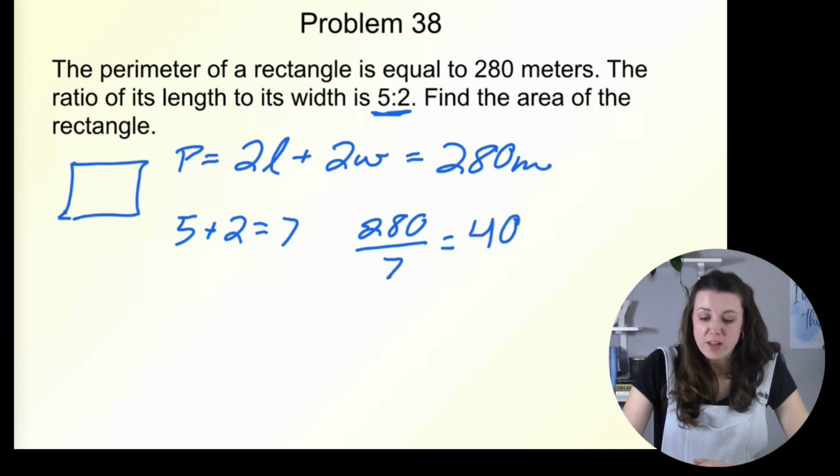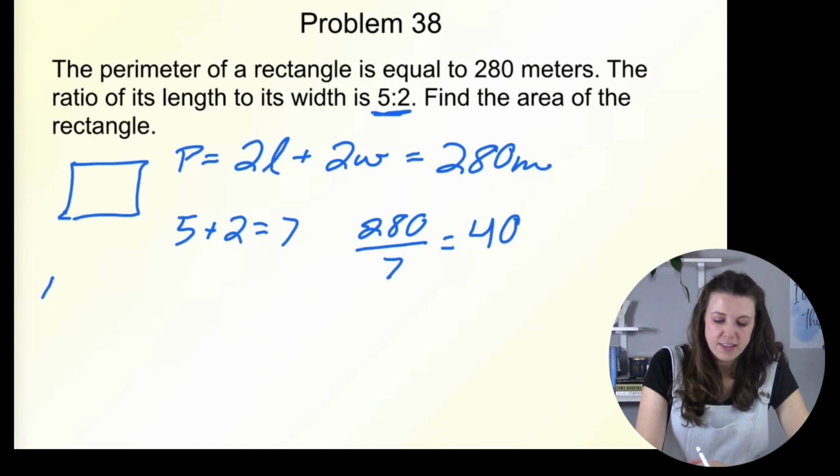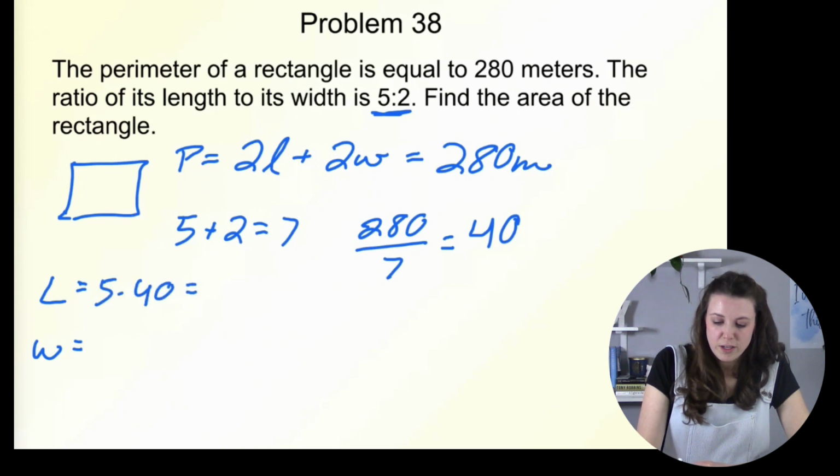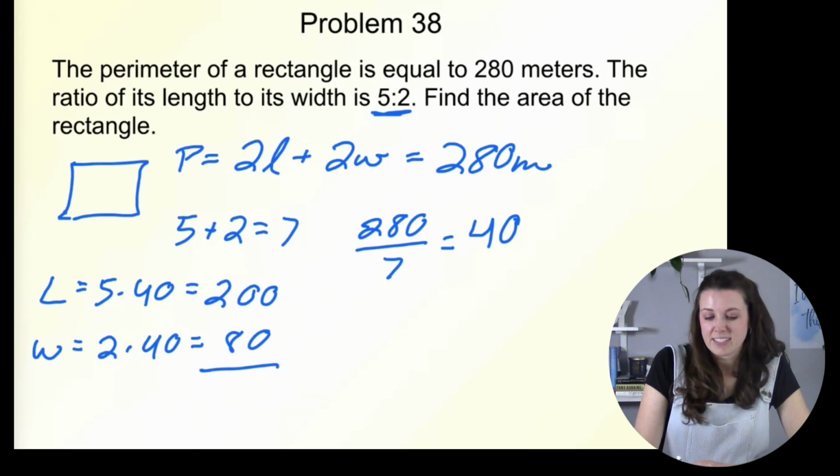So now let's find the length and the width. So the length is simply going to be 5 times 40, which is equal to 200. And the width is 2 times the 40 equals 80. And you add those up, and that equals 280, right?